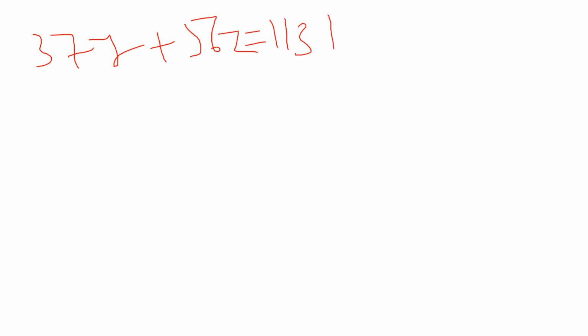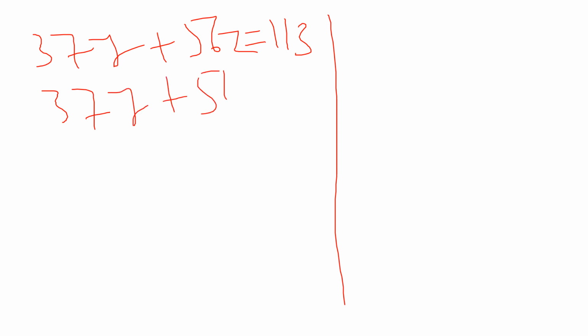Where we have z, we substitute with 4, so we are going to have 37y plus 56 multiplied by 4, which should give us 113. So now, if you multiply 56 and 4, we are going to get the value of y is equal to negative 3. The value of y is equal to negative 3.